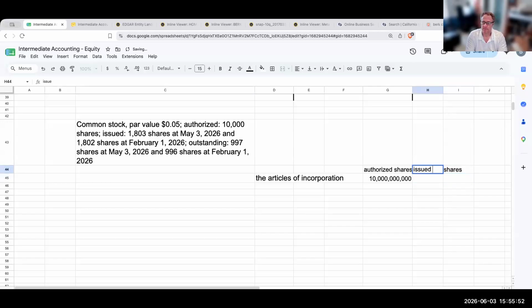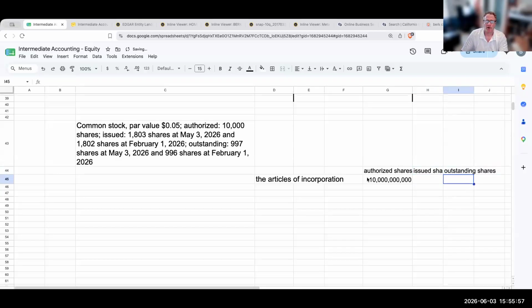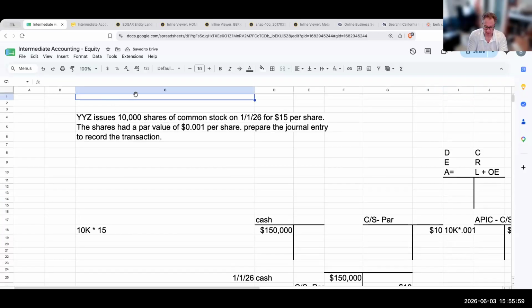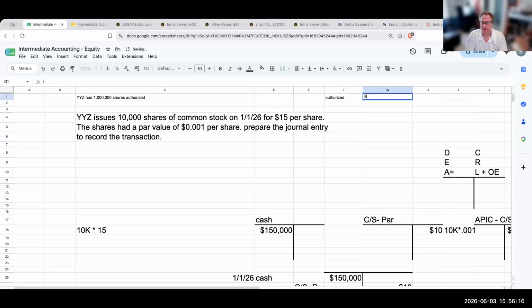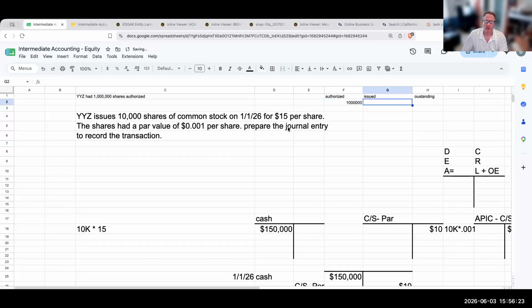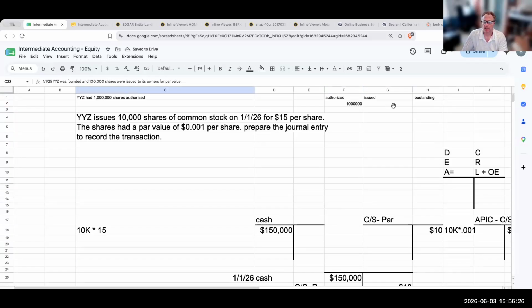So issued, and then we're going to start over here with outstanding shares. So for our example here, if I said YYZ had 1 million shares authorized, and if we said here authorized, issued, outstanding, we also had this issuance over here of 100,000 shares.